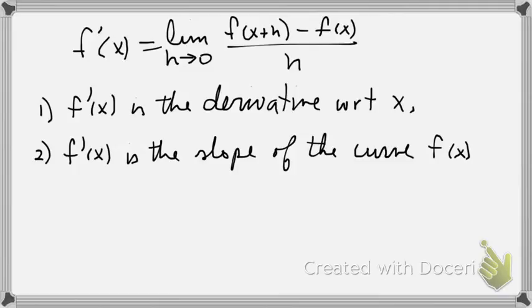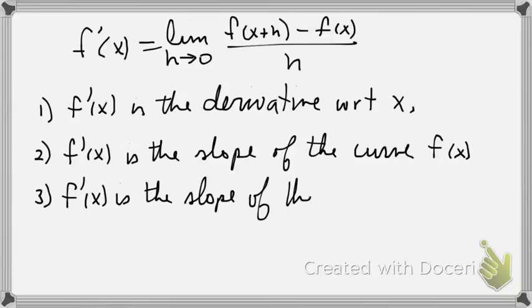So f prime of x represents the slope of f of x at any point. f prime of x is the slope of the tangent line at x.